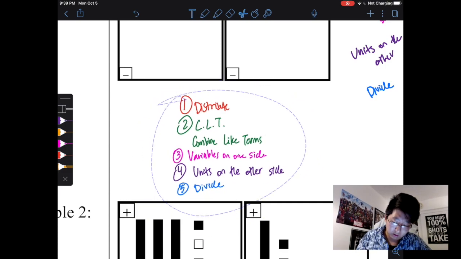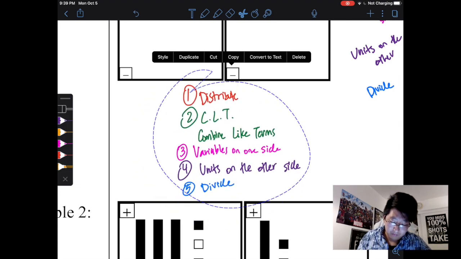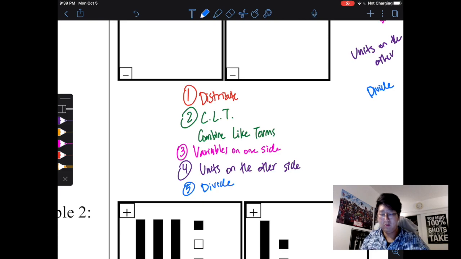Go ahead and take that and shrink it up a little bit. Those were the steps we took.